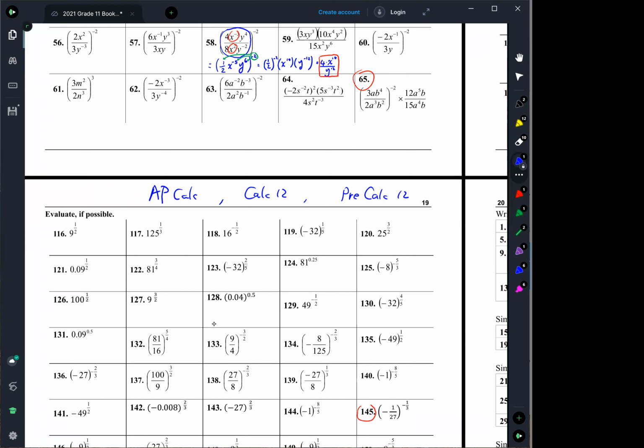So what's the difference between AP and a normal calculus 12? Calculus 12 is simpler, with less content. I would say it's about 80% or 85% of what you learn in AP calculus, but it doesn't go as deep. Calculus 12 you just take at school and get a mark for it, but you don't take the AP exam.